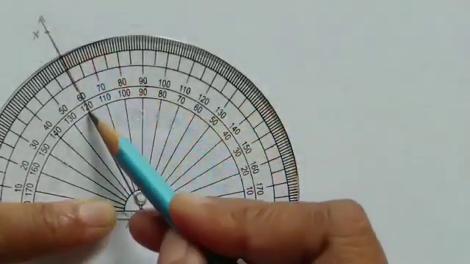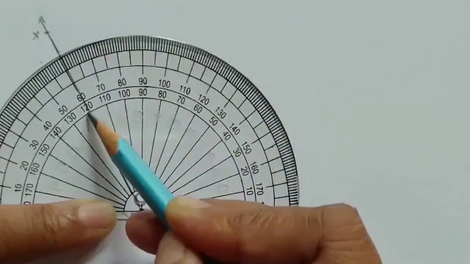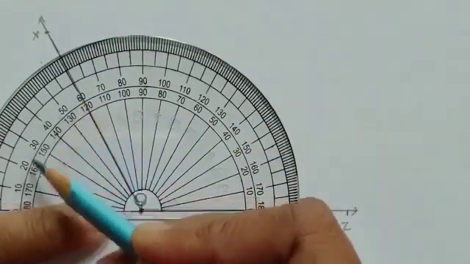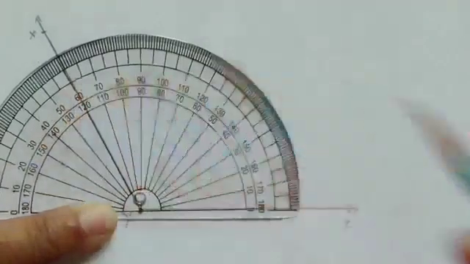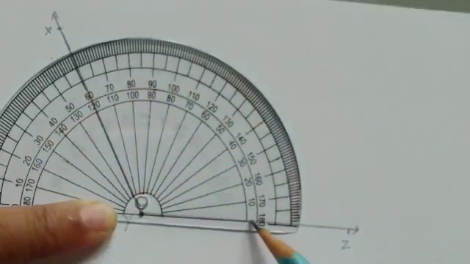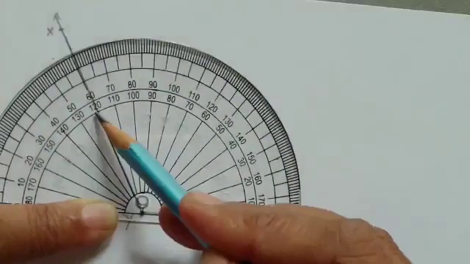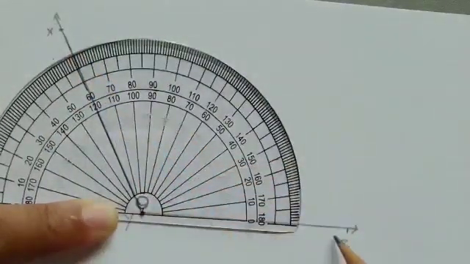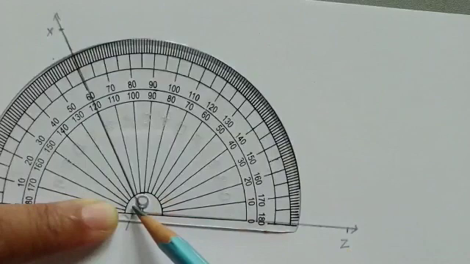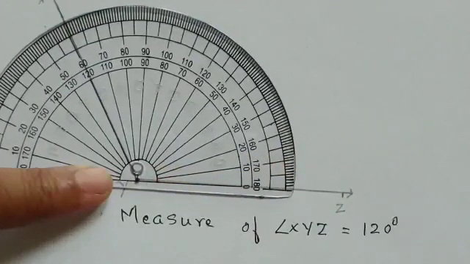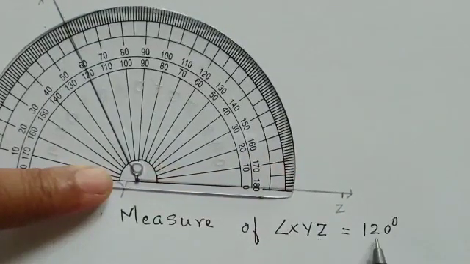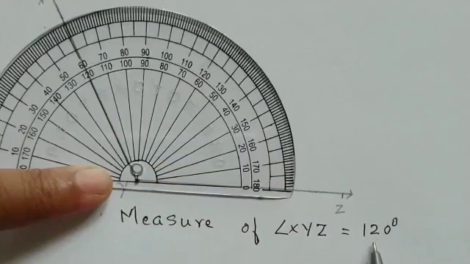What is the marking corresponding to YX? It is 120. We will not take 60 because it is corresponding to the 0 from the other side. We have to follow the 0 corresponding to the baseline YZ. So what is the measure of this angle XYZ? It is 120 degree. So the answer is measure of angle XYZ is 120 degree.